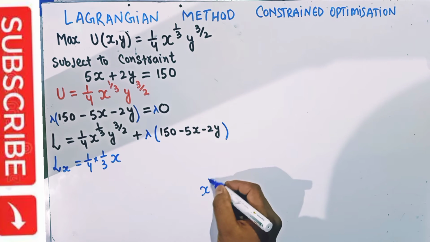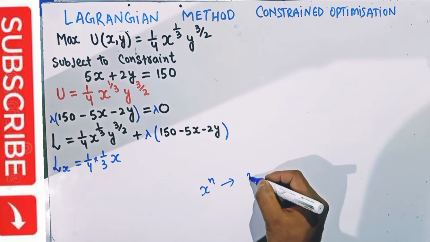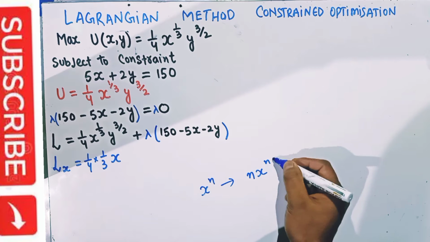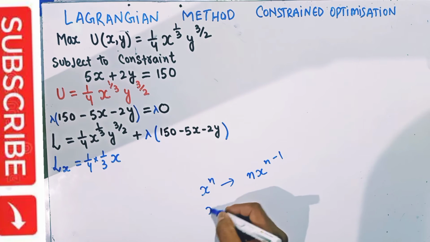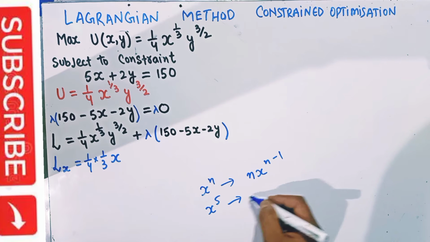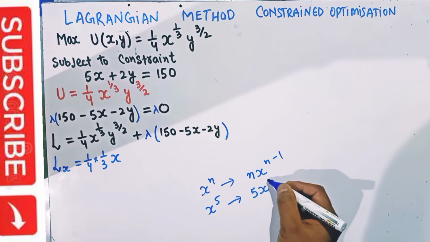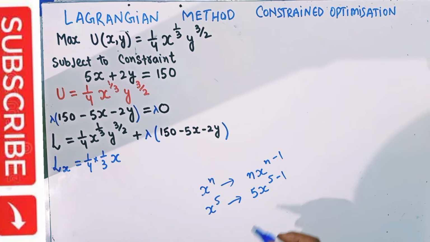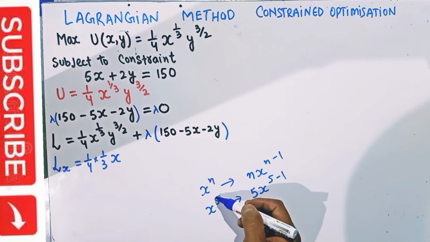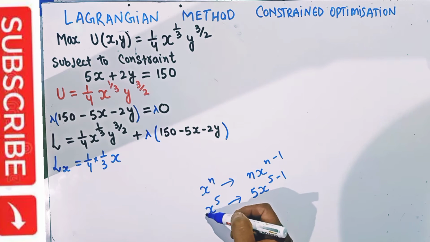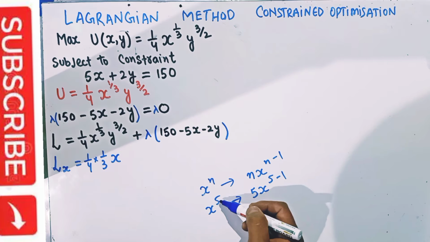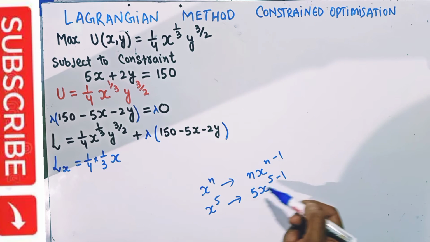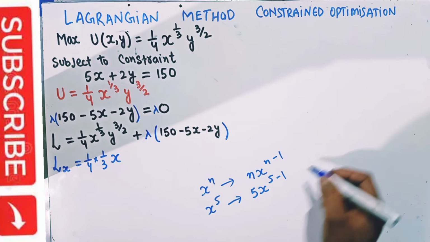If we have x raised to power n, its derivative is simply n times x raised to power n minus 1. That is to say, if we have x raised to power 5, its derivative is 5 x raised to power 5 minus 1. So we multiply the exponent with x and subtract 1 from the exponent. And the same logic we have used here.